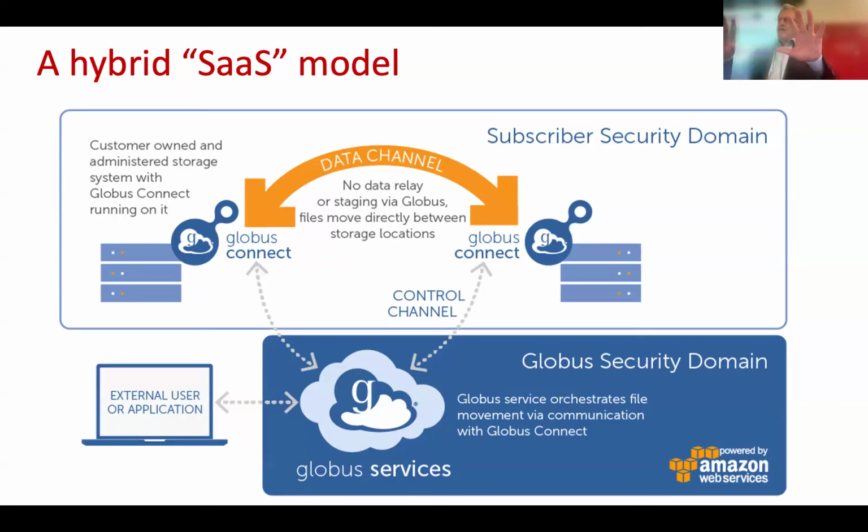We run a set of services, highly available, many nines, replicated over many Amazon availability zones, that then manage activities between endpoints. Endpoints are basically things that can act locally. It could be an interface to a storage system, to a compute system, to a scientific instrument, located around the world, actually in more than 100 countries at this point.